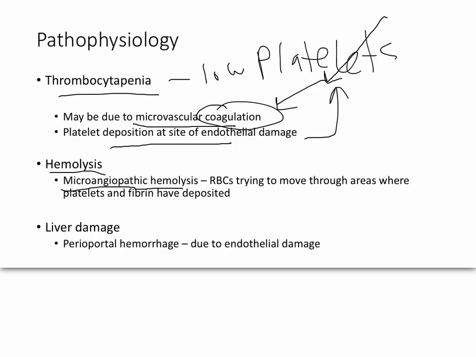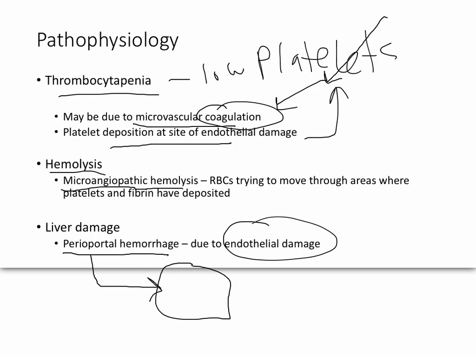With liver damage, what happens is called periportal hemorrhage, and it's again due to the damage of the endothelial cells. The portal vein is what goes into the liver, so here's my liver, and whenever you get damage around that portal vein, you can get hemorrhage into the liver, and it can cause damage to the liver.